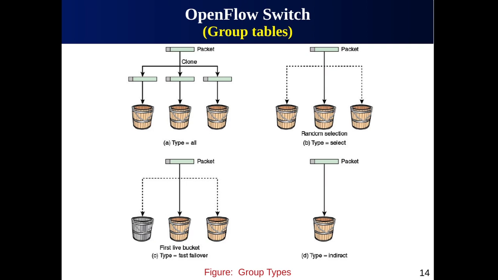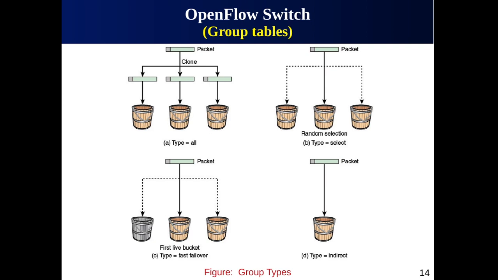The action list in a bucket is executed when packet reaches a bucket. This is important. When you have a packet which arrived, which reaches to a bucket, then the list of actions will be executed, and the action list is executed in a sequence.